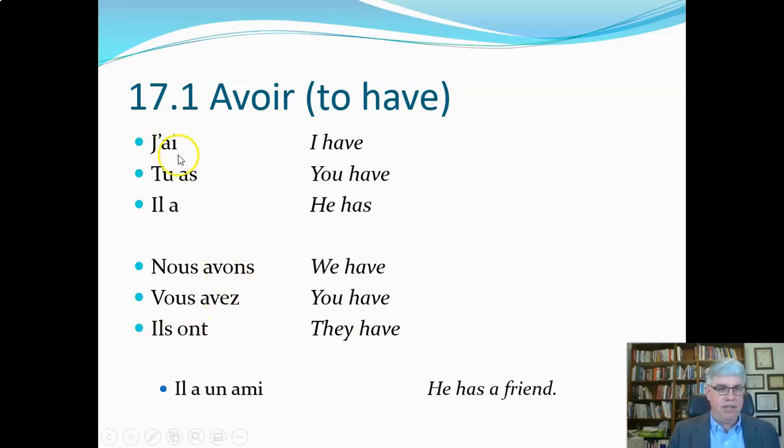In fact, none of the singulars have stems, and only the first and second person of the plural have a stem. So this ils ont is they have. An example of a sentence is, il a un ami. He has a friend.